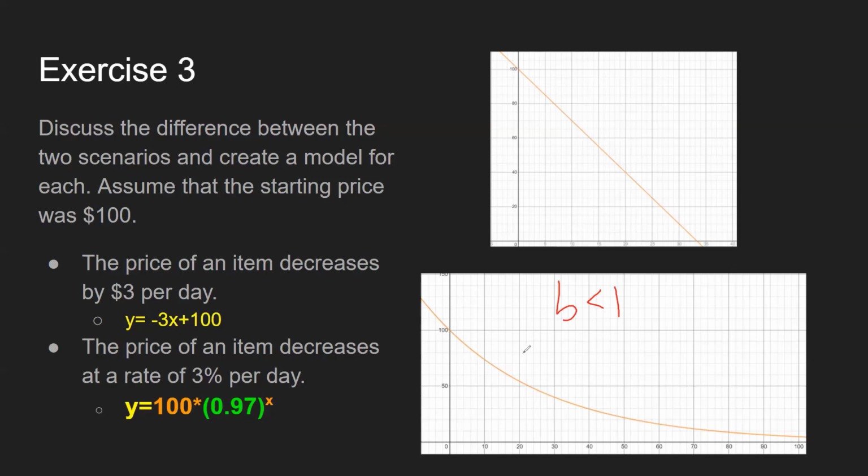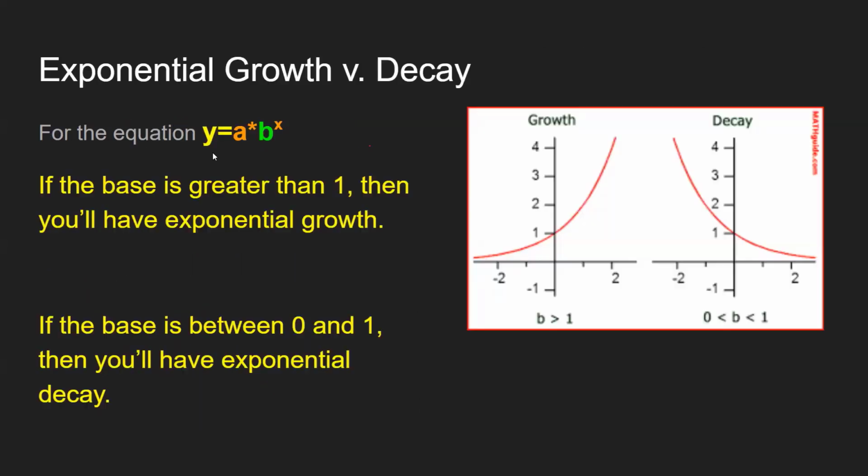This reflects the growth curve around the x-axis. So exponential decay decays at a faster rate than linear decay would. Just to remind you, if the base is greater than 1, that is exponential growth, and if it's between 0 and 1, you'll have exponential decay.